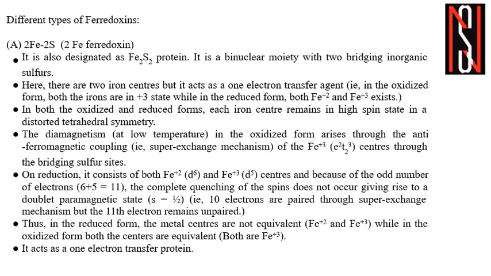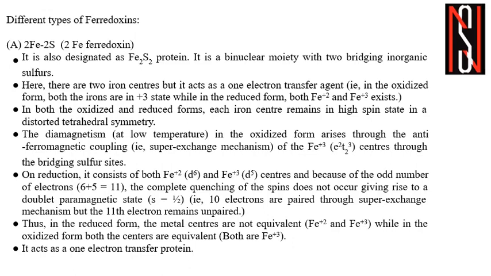Even in this case, if the super exchange mechanism occurs, or the antiferromagnetic coupling occurs, even then one electron will be unpaired, because overall there will be a total of 11 electrons, so at most 10 electrons will be paired up, but at least one electron will be unpaired, and this results in a paramagnetic state.